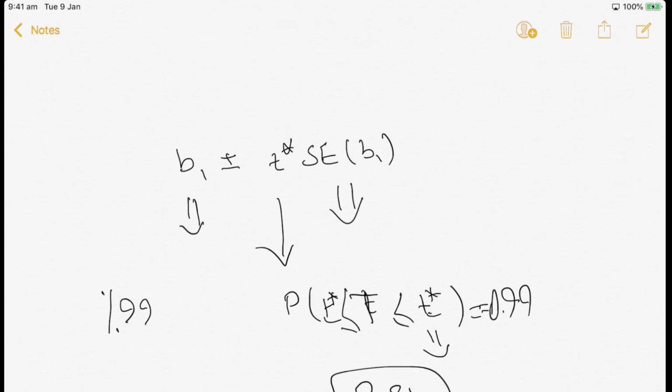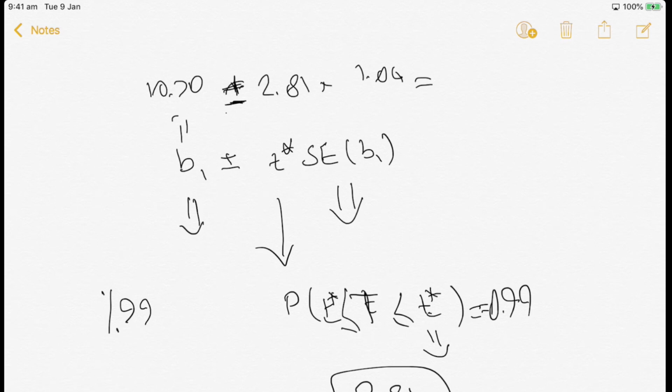Then simply replace these values there. So B1 is 10.70 plus minus 2.81 times 1.4. That would give us the confidence interval. One time sum it up and the other time deduct its value.